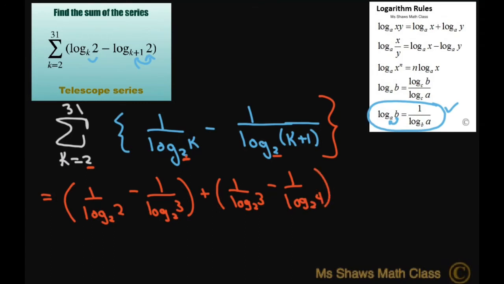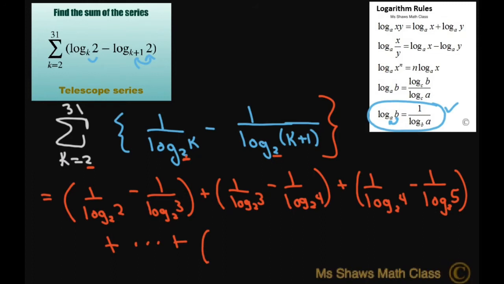The third term would be plus 1 divided by log base 2 of 4 minus 1 divided by log base 2 of 5. Then we have our last term, so plus dot dot dot plus 1 divided by log base 2 of 31 minus 1 divided by log base 2 of 32.